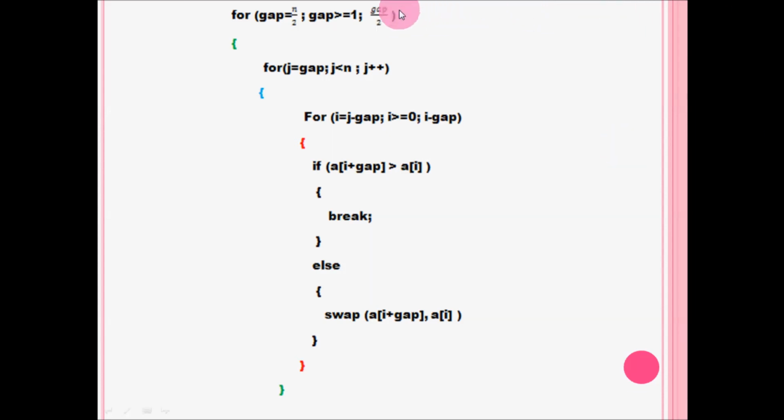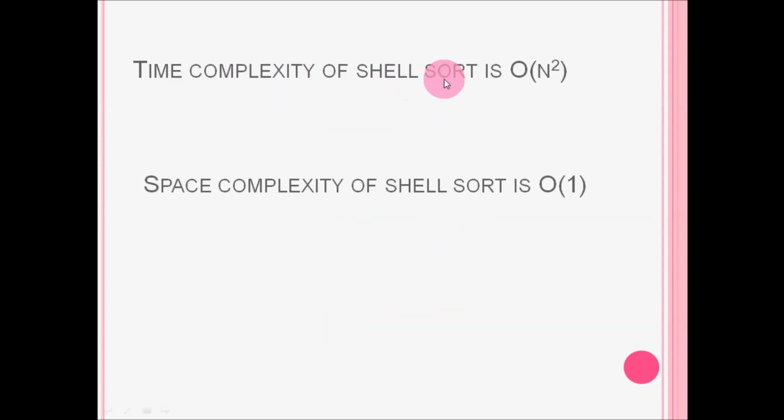At that time I told you that this for loop is n plus 1, and all lines under the for loop run n times, and if this is again n multiplied by n plus 1 times, meaning n multiplied by n, the highest term of this code should be n square. So the time complexity is big O of n square, and that is the time complexity of the shell sort, big O of n square.